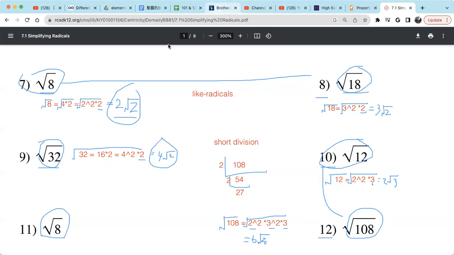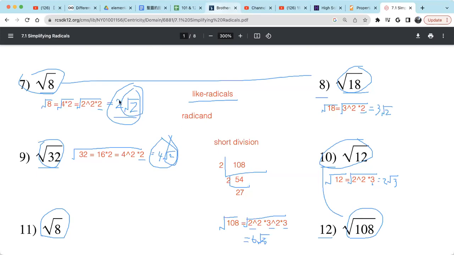So when we combine radicals, we will be looking for like radicals. Like radicals means the index is the same, and the radicand, what is under the square root sign, is called a radicand. The radicands are the same, the index are the same.